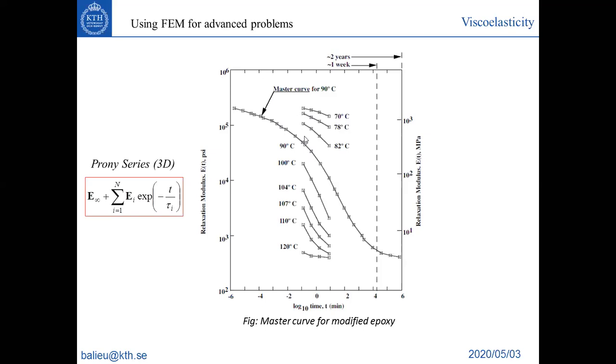Why do we need this? Because if you go to the left side here, this is a log 10 scale. So that means here you have something like 10 power minus 6. So something which is very, very small, very close to the instantaneous behavior. So you are loading your material and what happens directly after.